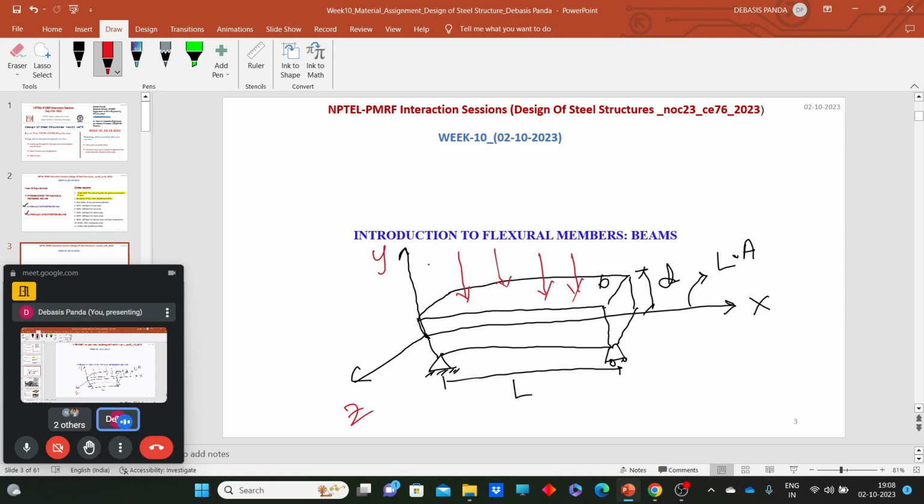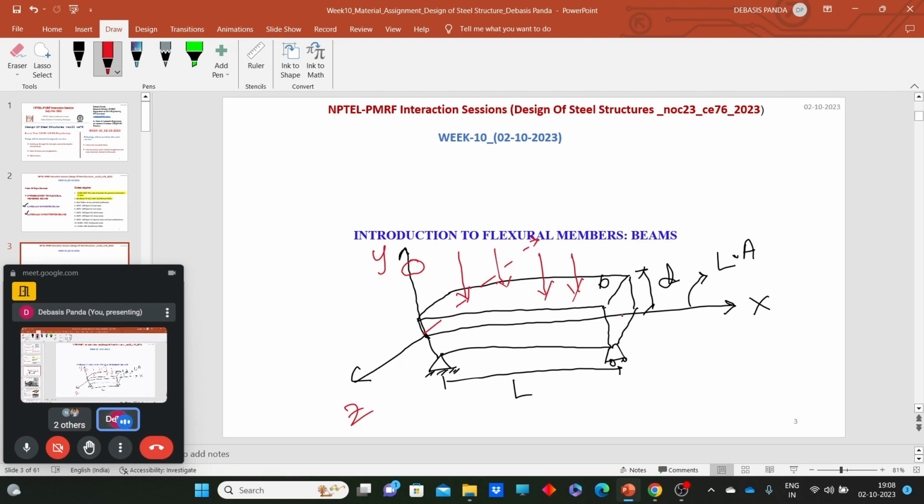Now this direction is the transverse direction. The other direction, positive or negative z axis, will become the lateral direction of the beam. So the beam may be supported in the lateral direction or may not be supported. Two cases may occur, so we will go into it later.